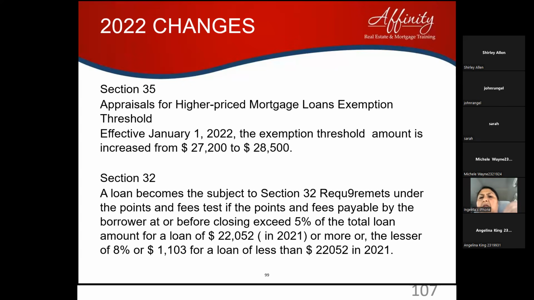This is basically talking about the thresholds for whether a loan is considered a high-priced loan or a high-cost loan. I kind of got them reversed on here, but anyway, Section 35 is the high-priced loans, and Section 32 are the high-cost loans.